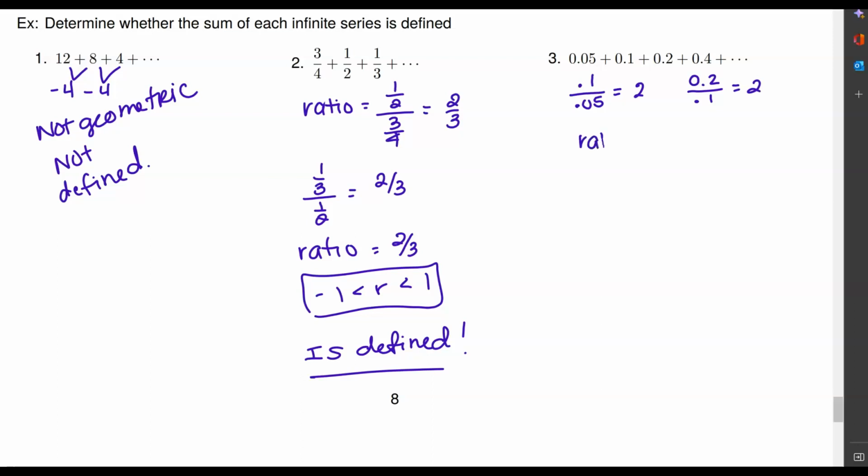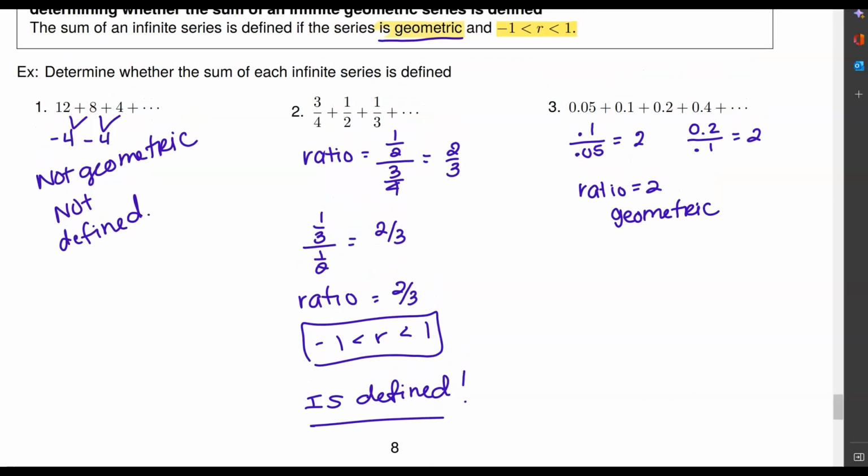So the ratio is 2. However, this is geometric. But now remember, thinking about that second condition, is my r between -1 and 1? And the answer is no. So therefore, it's not defined.